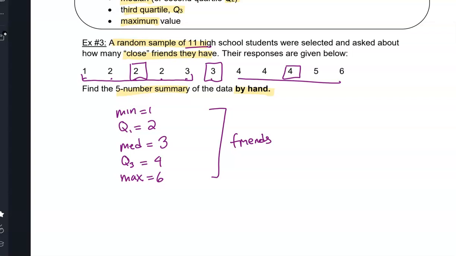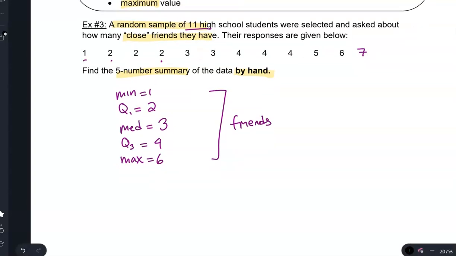Now this one was nice because we have an odd number of people we asked about their friends. But say, for example, I added one more data point, so one person had 7 close friends. Then when I'm finding my median, I would have to find the average of the middle 2 numbers, so my median would be 3.5.